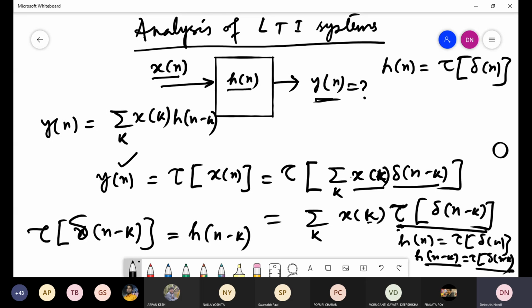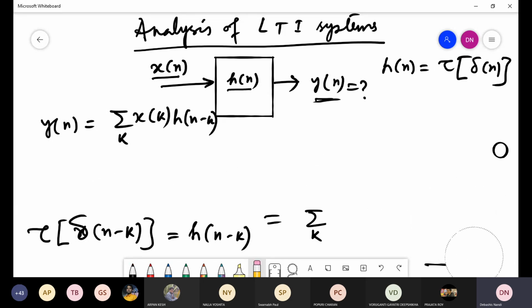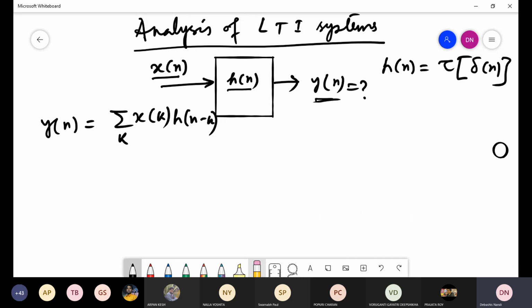So in general form, if I take all the sample values, then y n is written as summation of x k h n minus k. Since we are using a summation sign and adding the outputs for all individual inputs, it is linear.